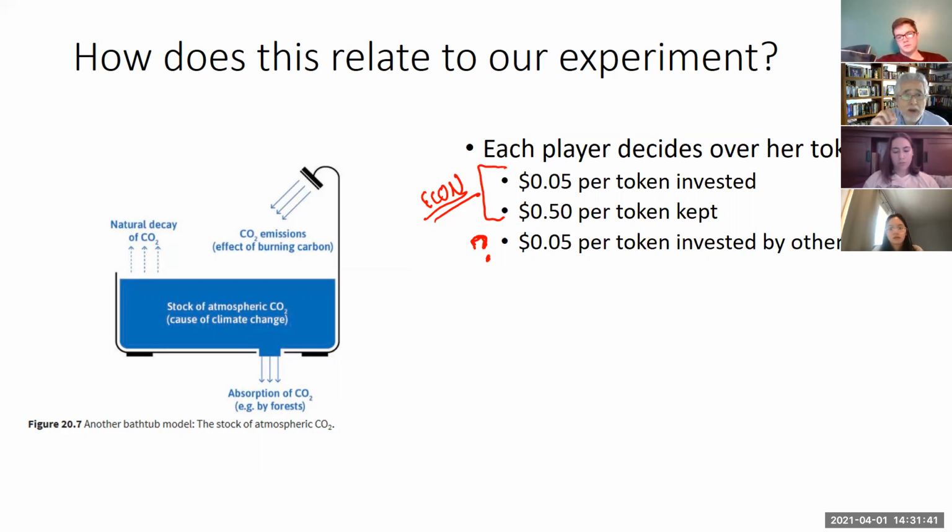And it's quite a lot of money because, again, yes, if I invest a token, I give up 45 cents. But also, if I invest a token, I am producing 19 times 5 cents, which is $4.50 of economic well-being that is distributed out into the rest of society.